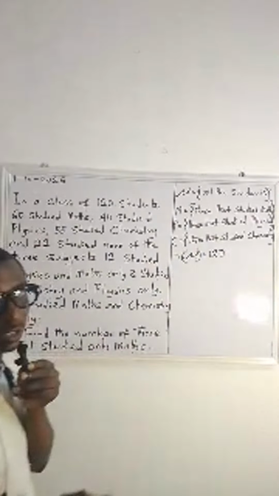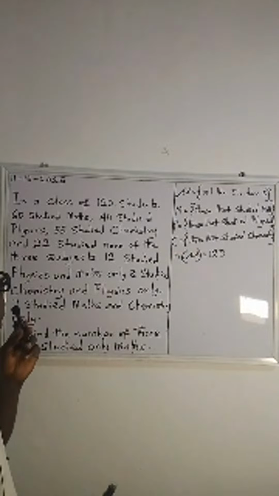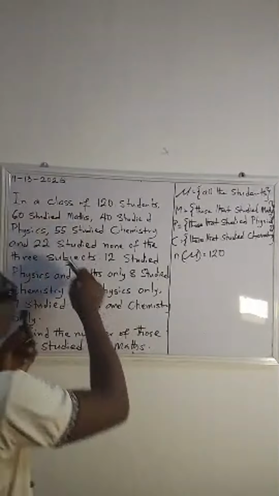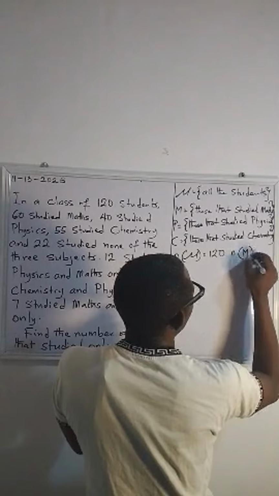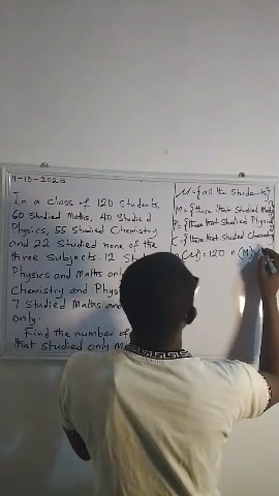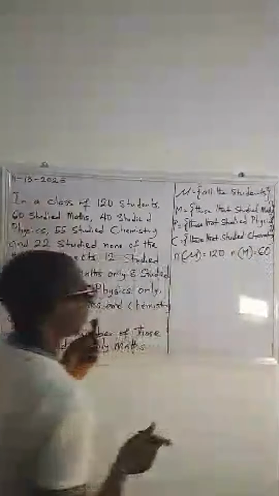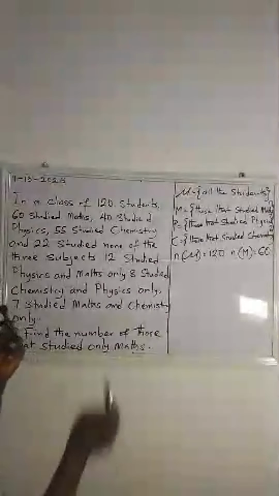That is given in the question. All right, now the second one, 60 study mathematics. Number of those that study maths is what? 60. Okay, 60 study mathematics.